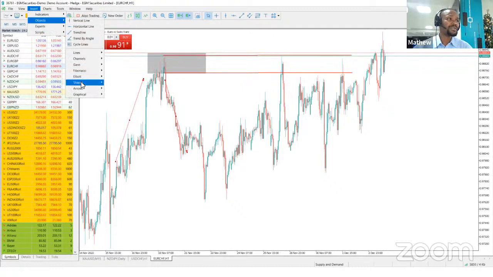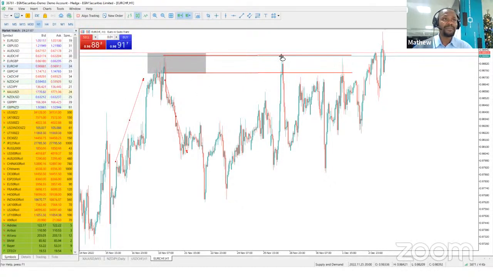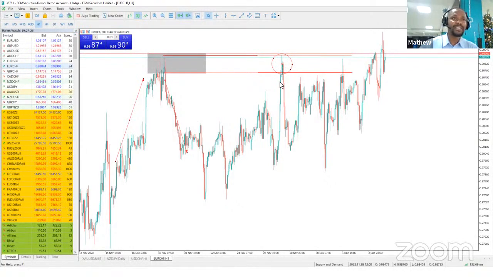Because in the second case, I want to highlight this part. Let me use an ellipse. So at this part here, that part which I have put in a circle, you realize the characteristics we were looking for, because the first thing is where the price is, look left.